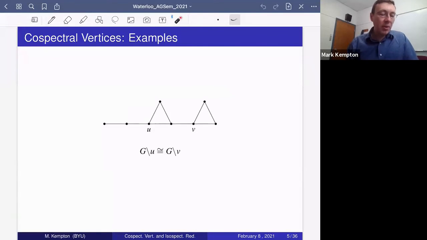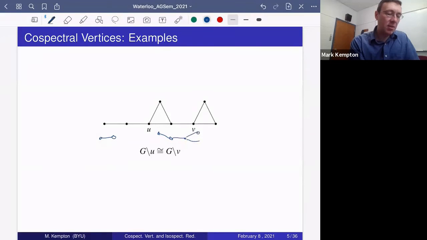Here's another example, where the point is that you don't necessarily need an automorphism between two vertices to have G minus U and G minus V isomorphic to each other as graphs. Here, if I delete the vertex U, I get a path on two vertices together with this path connected to the triangle.